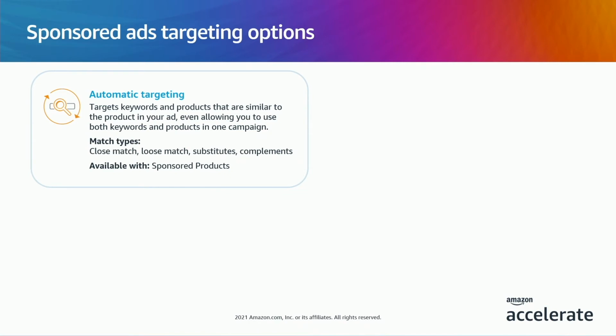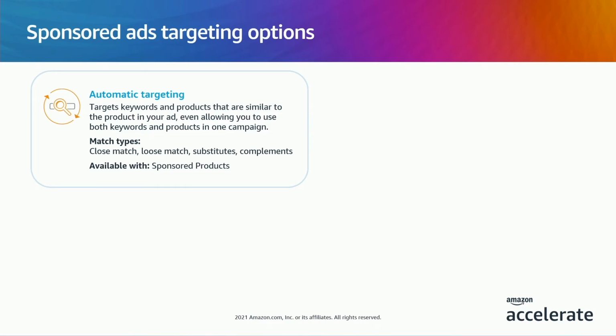With this targeting, you have different targeting groups that work to help make the connection between your ad and shopping queries. They are close match, loose match, substitutes, and complements. Close match and loose match are keyword-based, while substitutes and complements are product-based. You can adjust the bids for each of these groups individually to help refine the performance of your automatic targeting campaigns.